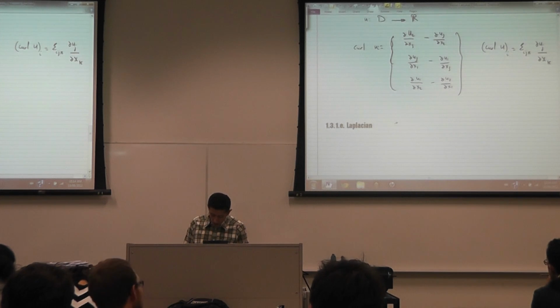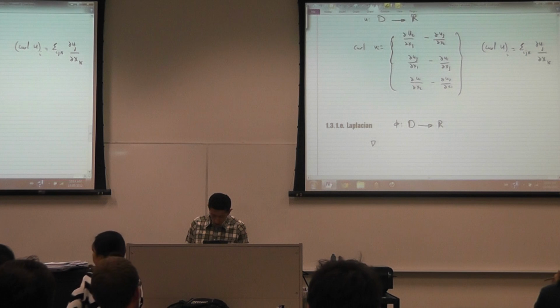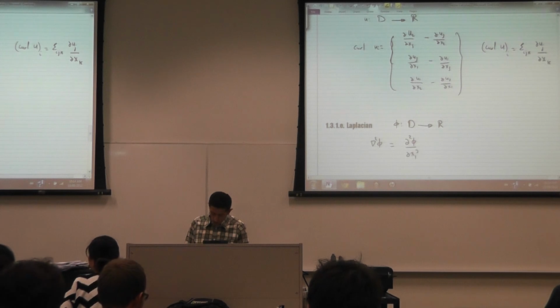And if I have a scalar field, then the Laplacian of phi is equal to this.